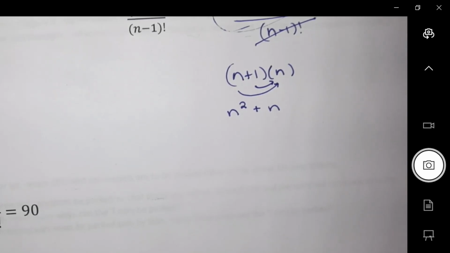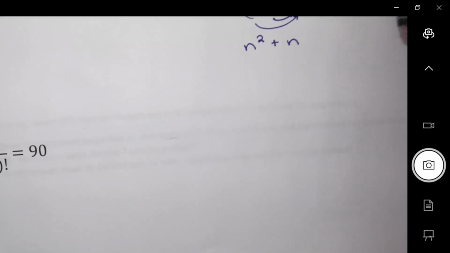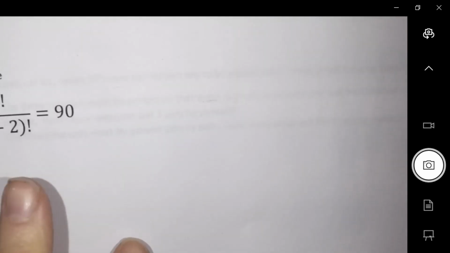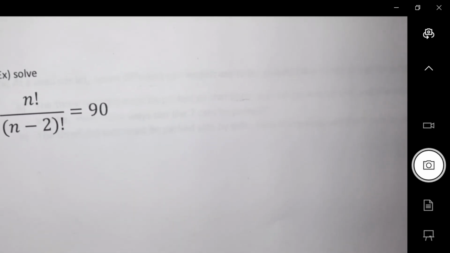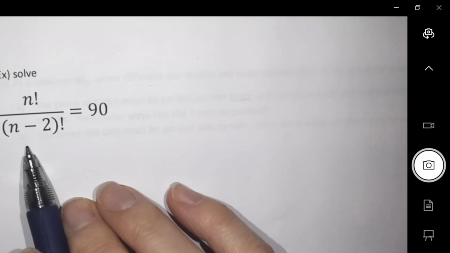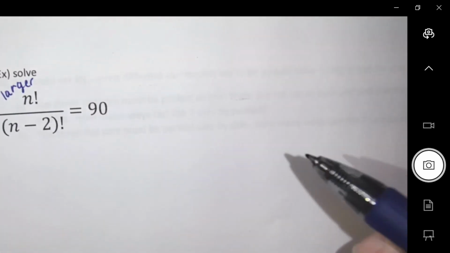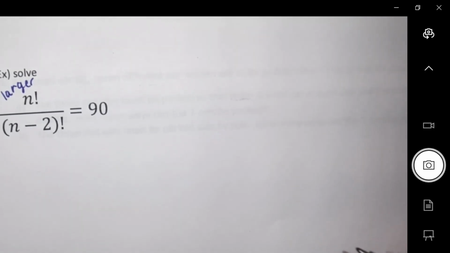Okay, this next one, I'm going to show you the pre-calcy way, and then I would probably show you somebody who's going to do it an applied way, and you can pick which way your brain wants to go. Okay, pre-calcy way. Which one of these numbers is a bigger number, and I would expand. So n is bigger than n minus 2.